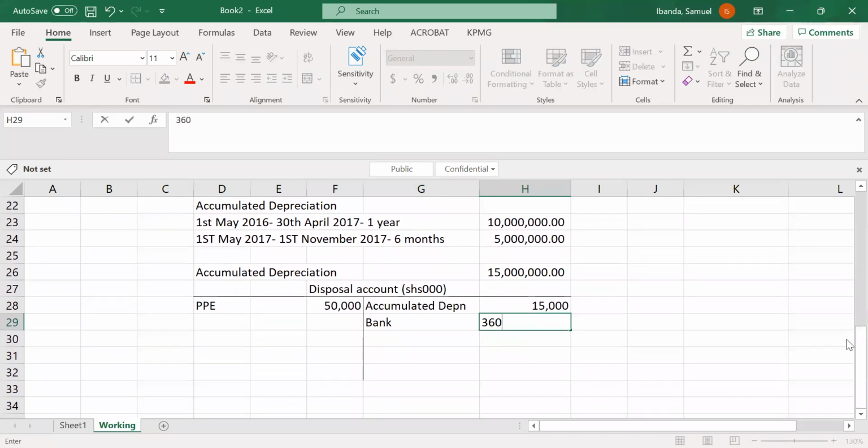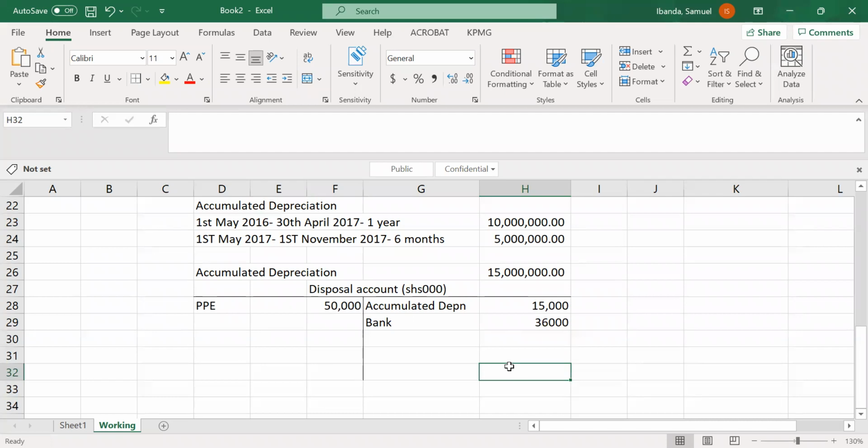So this is 36,000. So remember when we are getting profit or loss on disposal, we compare these two sides, and we say that if this side is more than this side, then we have a profit on disposal.